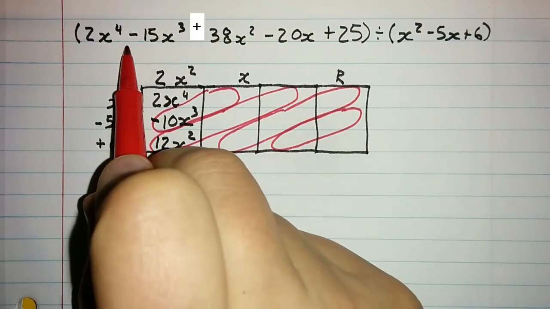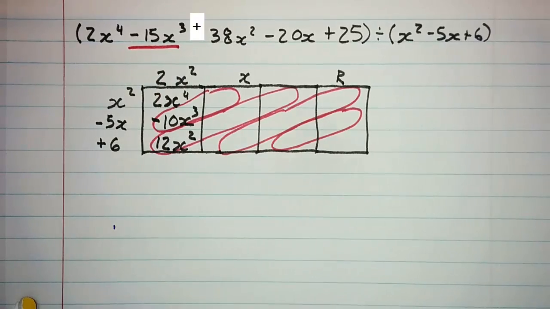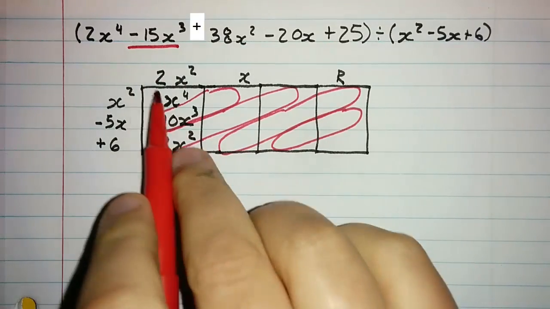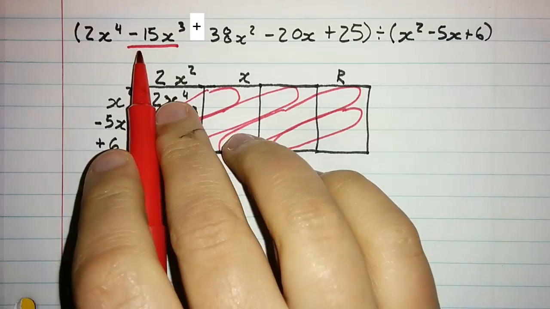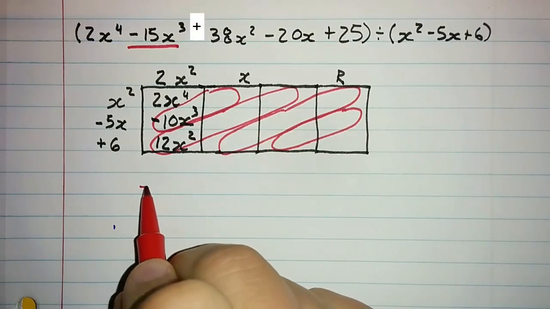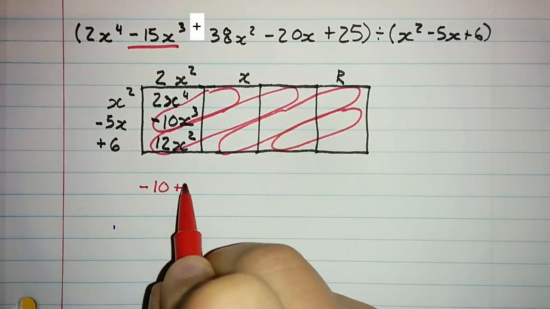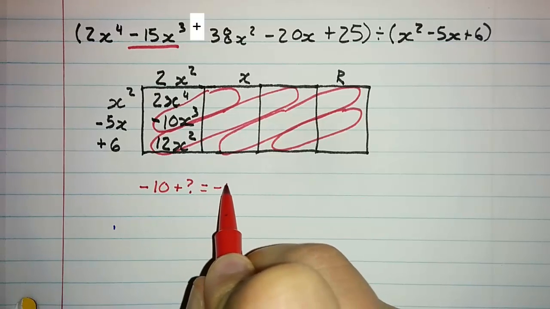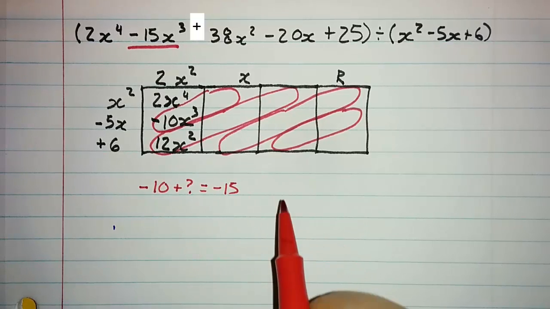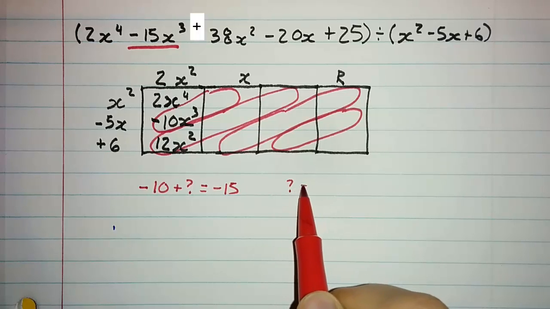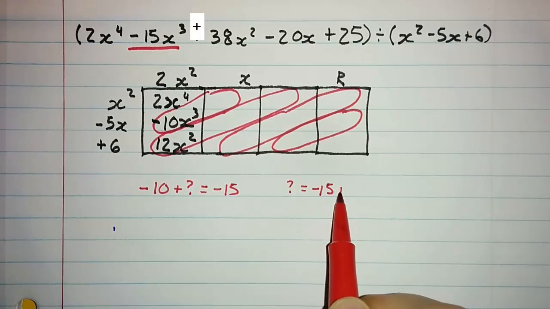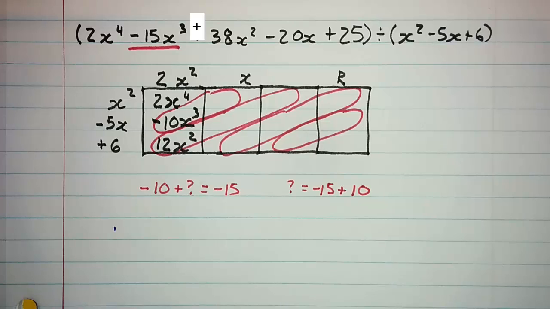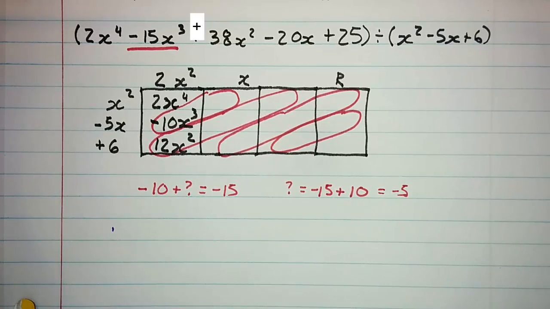Now, looking at my x cubed term, I need my total coefficient to be negative 15. Negative 10 plus what will give me negative 15? Well, what is negative 15 plus 10? Well, that's negative 5.